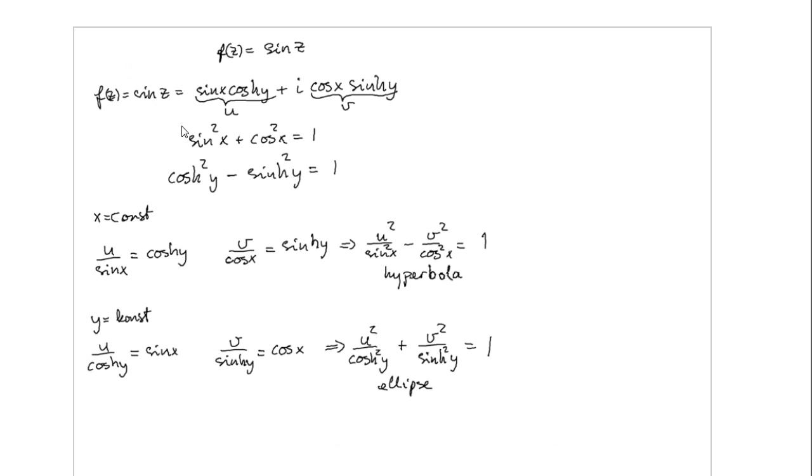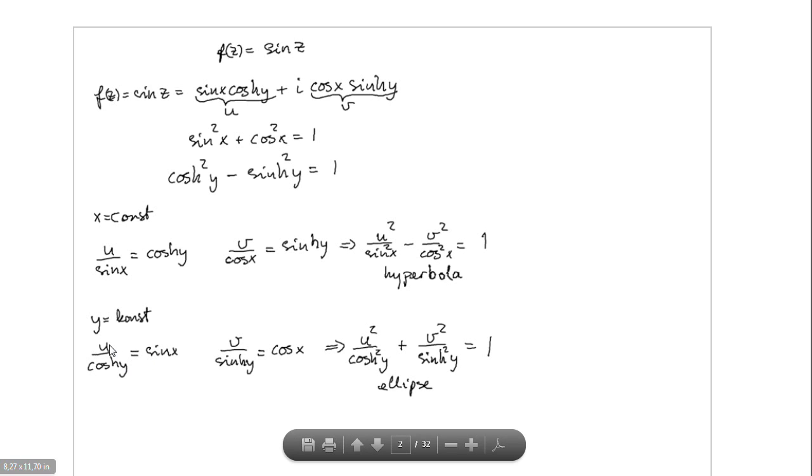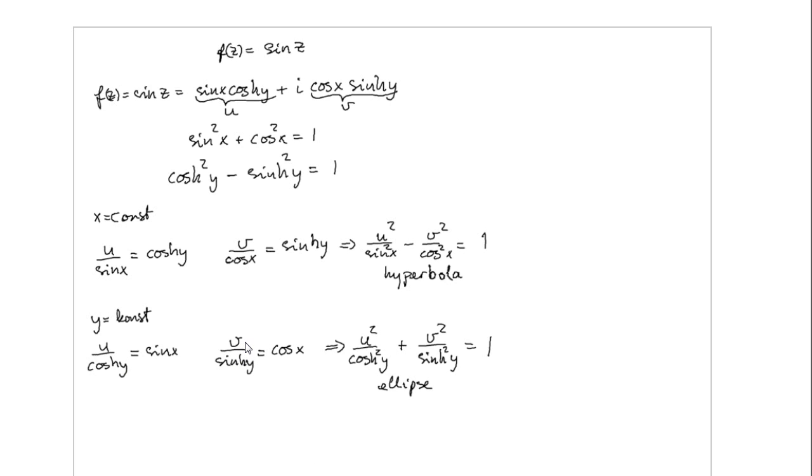So now I'm going to use this elementary identity. I replace sine x with this left hand side, and I replace cosine of x with this left hand side, and then I obtain this identity.